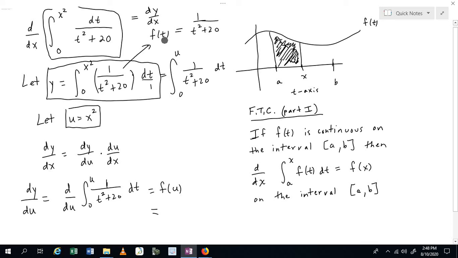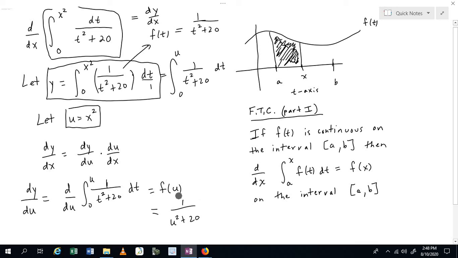If I evaluate this function at u, I get 1 over u squared plus 20. So that's my dy/du.